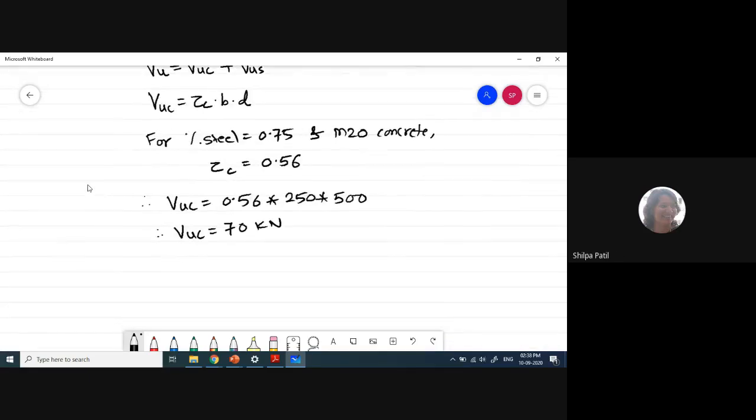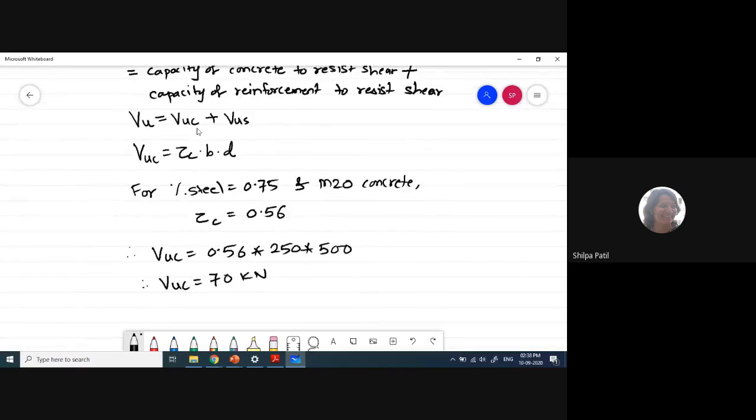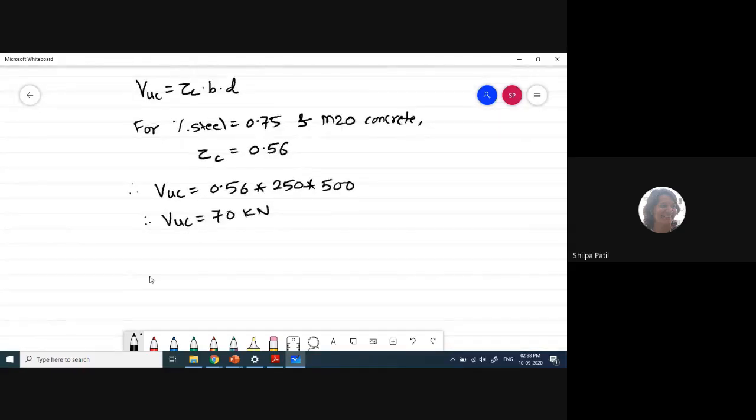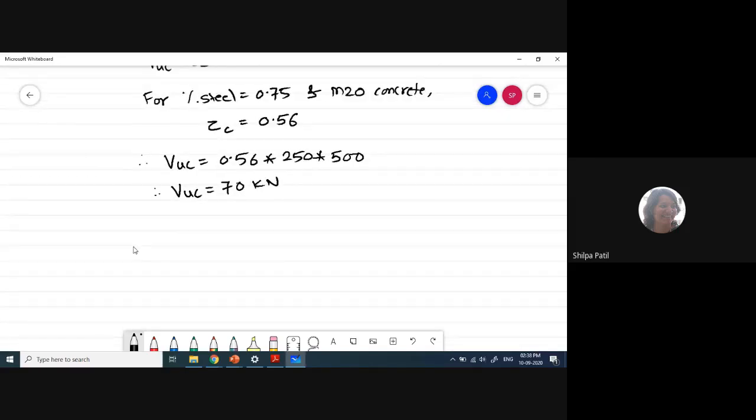Now we have to calculate VUS also, because the total VU is VUC plus VUS. VUS itself is an addition of again two values. What are those? Tell me quickly. VUSV and VUSB. Correct. So VUS is equal to VUSV plus VUSB.